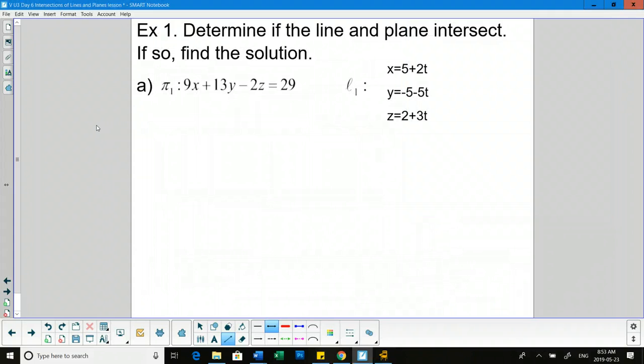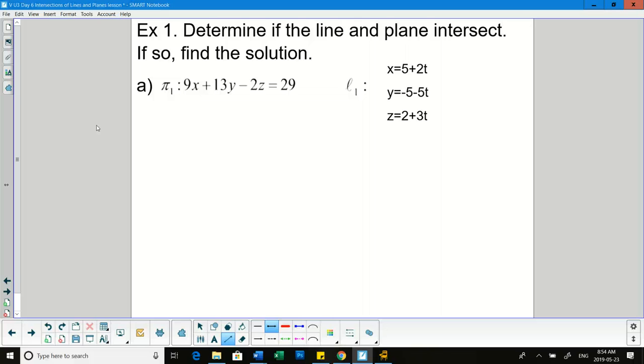All right, so we're going to determine if our line, where we're given the symmetric or the parametric equations for our line, and our plane intersect or not, and if so, we're going to find that point of intersection. Now, the only time that I could find a point of intersection is if they're not parallel.